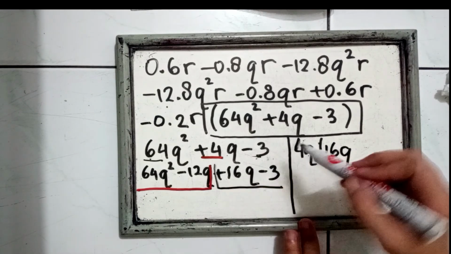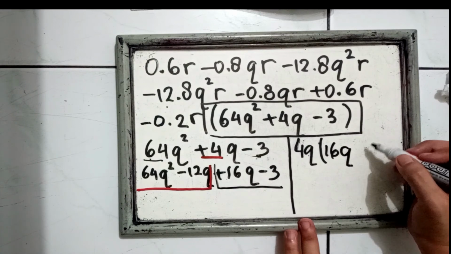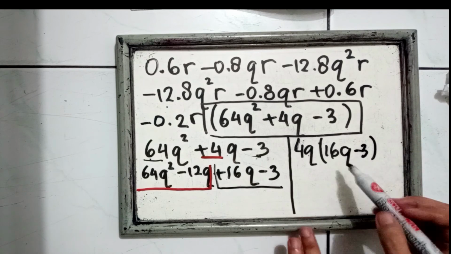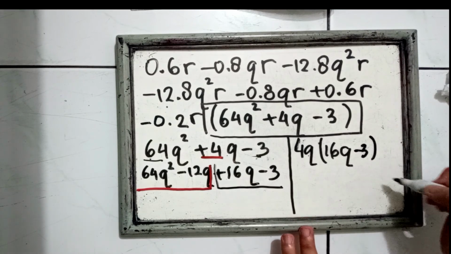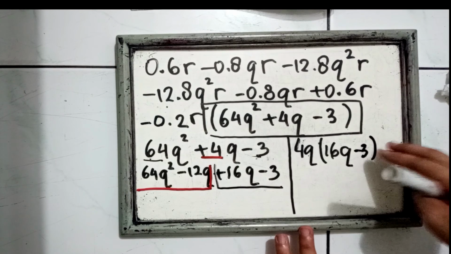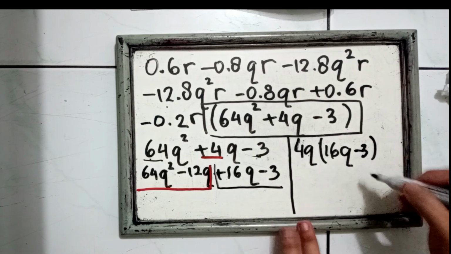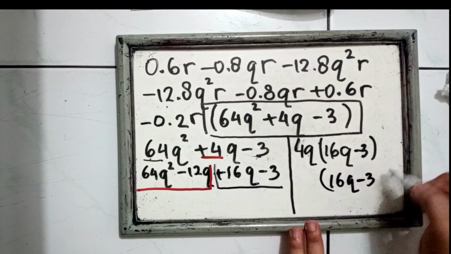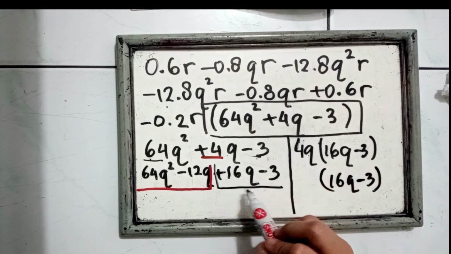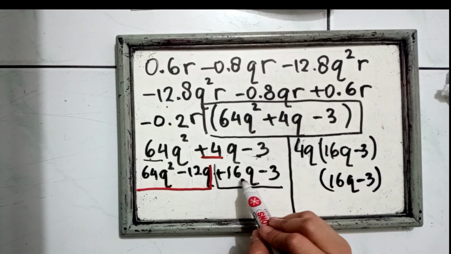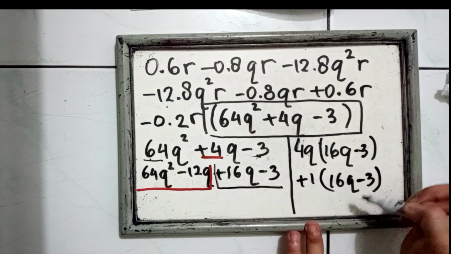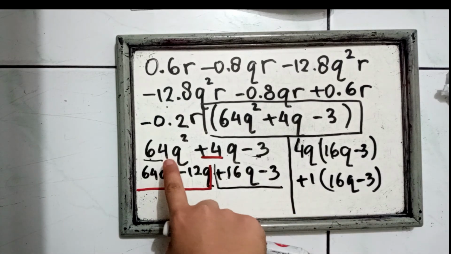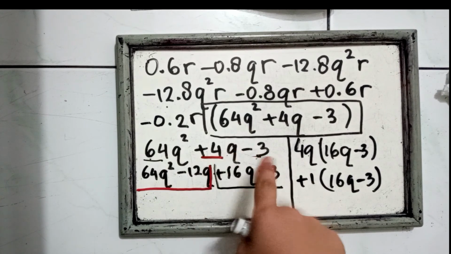And then 4 times how many become negative 12q times negative 3. Okay, so we must put this again. I will write it down, but actually it should be right beside it. So we take away 16q minus 3. Still same. 16q times how many become 16q? Of course, times 1. So we can take the conclusion 64q squared plus 4q minus 3.